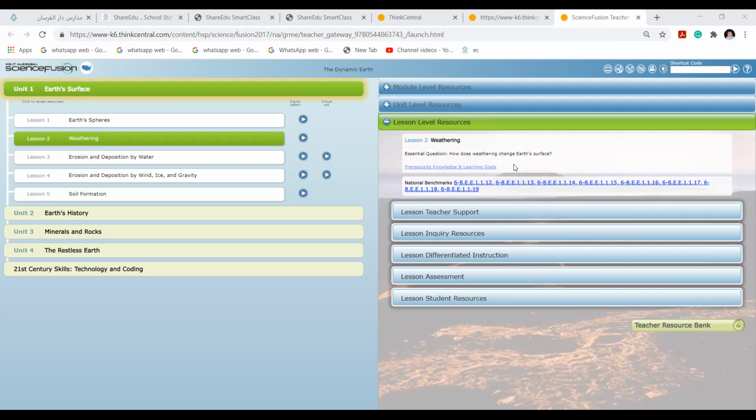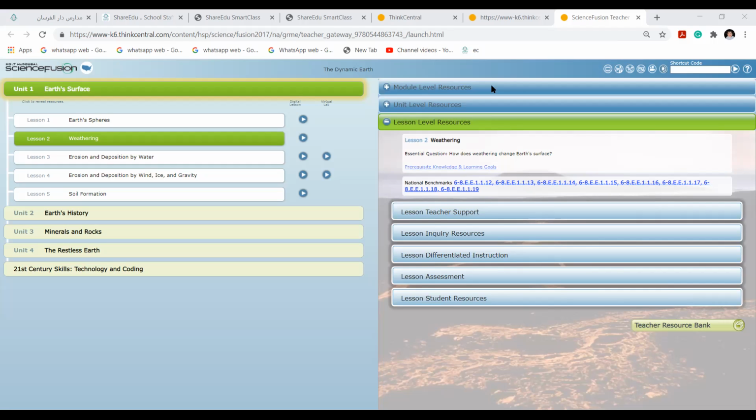Animal action, abrasion, exfoliation, plant growth, ice wedging. How about chemical weathering? Oxidation. Very good. Acid rain, acid precipitation, and dissolving.